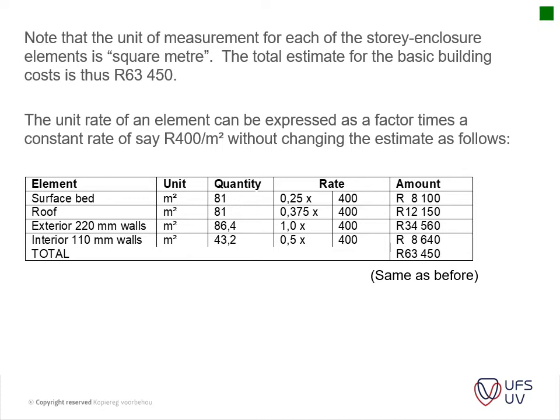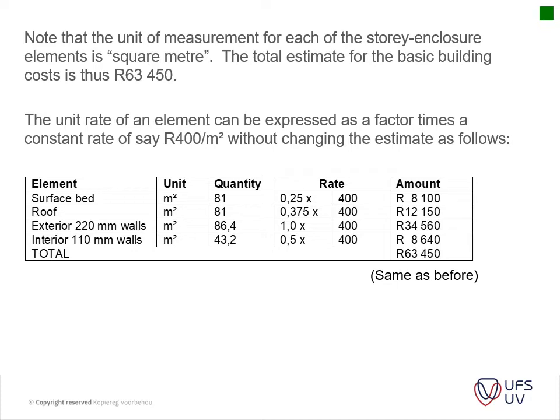So you can refer to page 13 of part 2 of your study notes, just for a bit of an explanation of how they got to the 400 Rand and a factor of 1. But don't worry too much about that. That will be given usually in the questions.